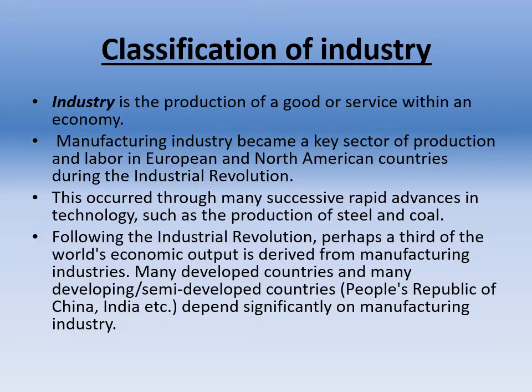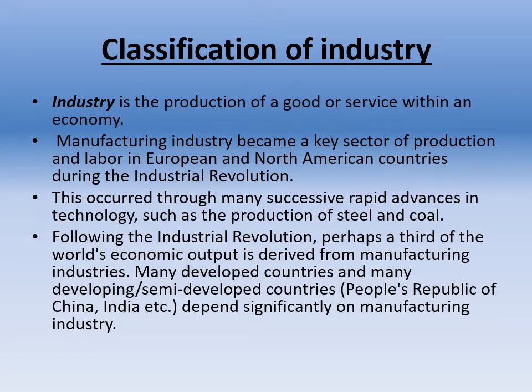This occurs through many successive rapid advances in technology, such as the production of steel and coal. Following the Industrial Revolution, perhaps a third of the world's economic output is derived from manufacturing industries. Many developed countries and many developing, semi-developing countries like China and India depend significantly on manufacturing industries.